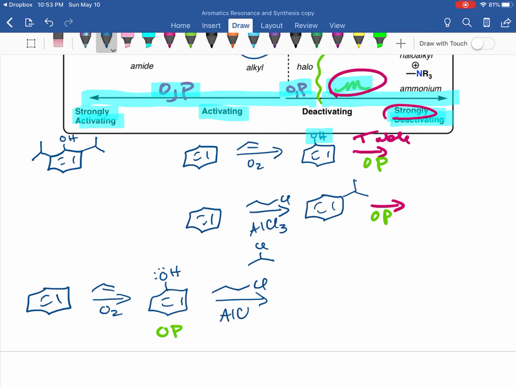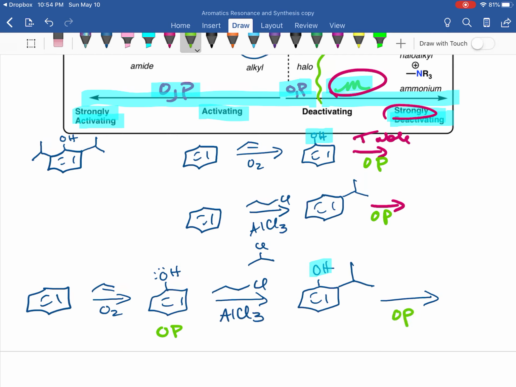And now our next step is going to go ortho para. So I'm going to add it right here. And that next step, ortho, right there, ortho to your phenol. And then can't we turn right around and do that again? We can. But now guess what? Strongest one wins.